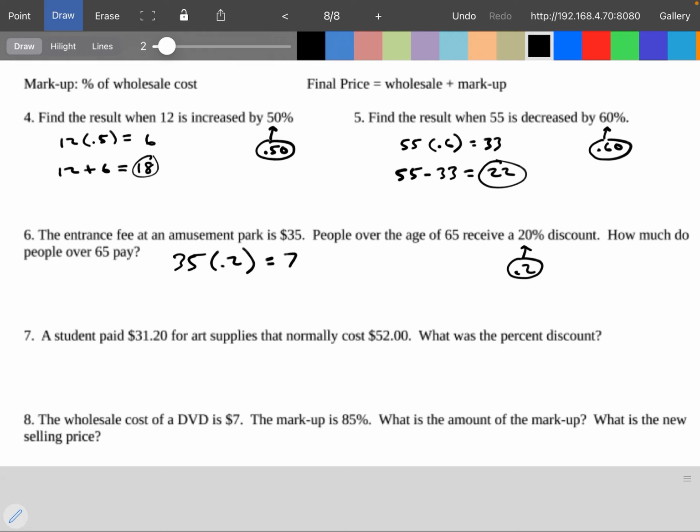That's 7. So that's the amount of the discount. So then how do we find what the senior citizens pay? Subtract that from the original, which is 35. So you take the original ticket price, which is 35, and subtract off the $7, and that'll leave you $28.